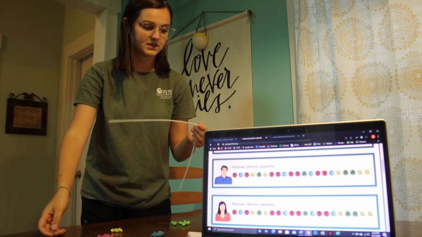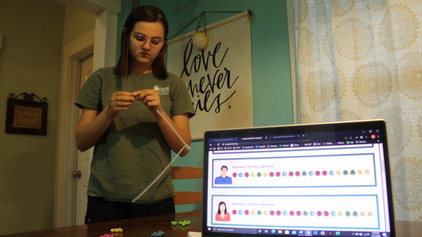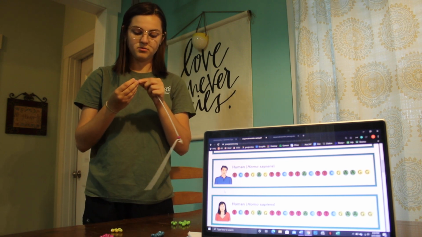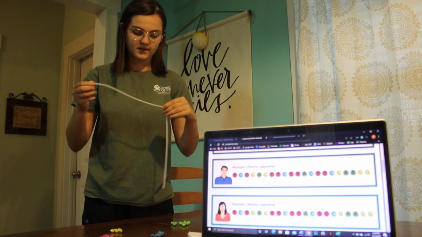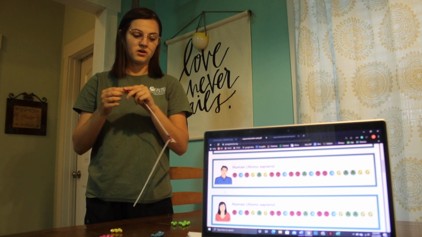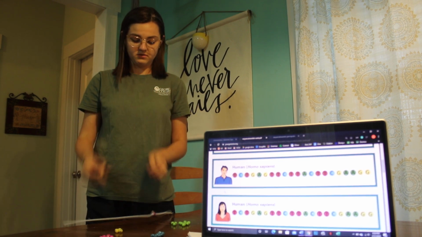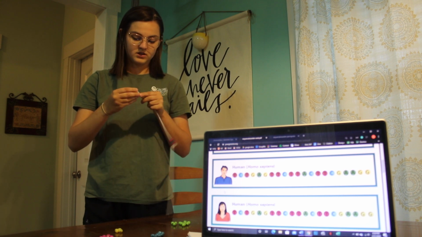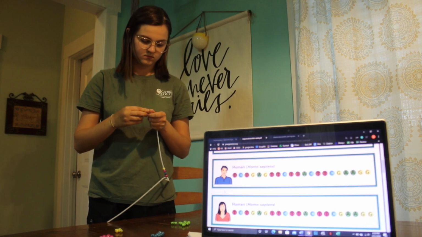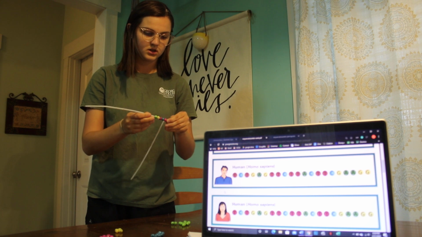It says T is first and T is red, so I'm going to take a pink bead, put it on there, and then C, which is blue, so take a blue bead and put it on there, and then another T, so red, and just keep going until you have all of them done. I'm going to speed through this real quick and do all of these. I will probably just speed up the video. Green.